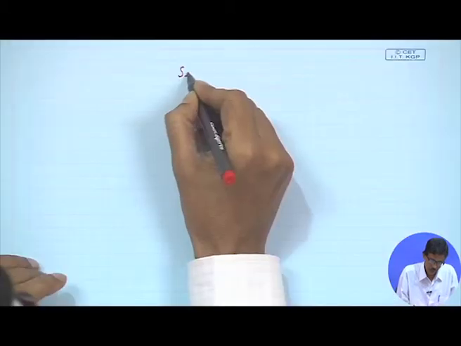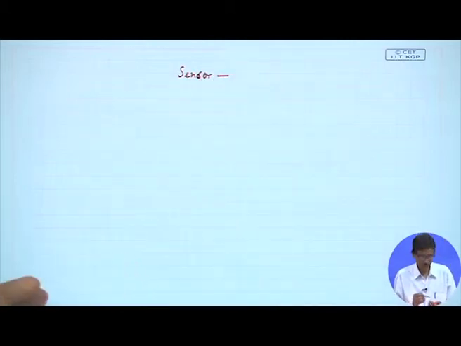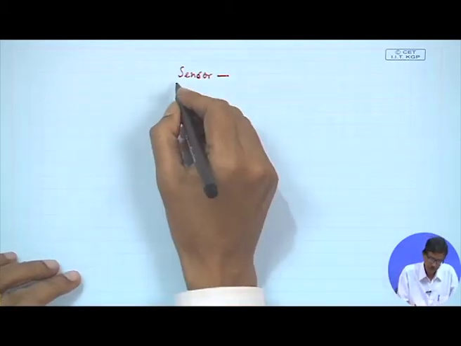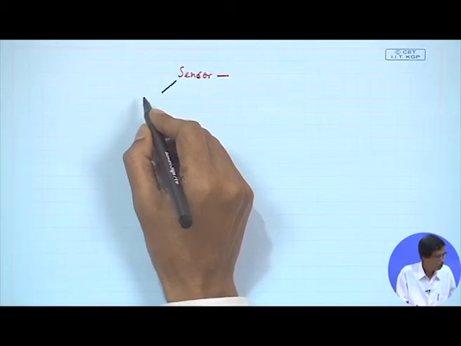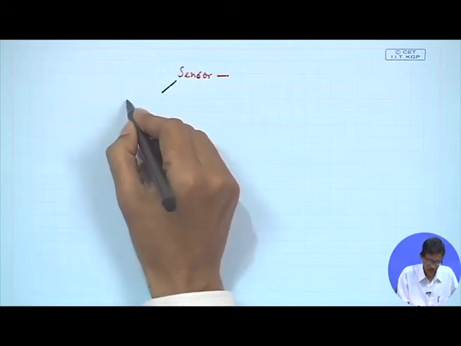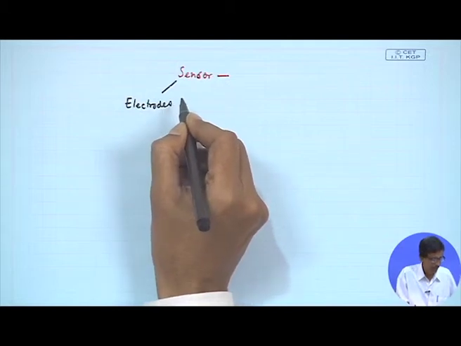So, now we will move to the development of sensors, which is a typical part where we talk about the application of electrochemical methods of analysis. When we try to develop a sensor, we can go for the electrodes and their modifications.